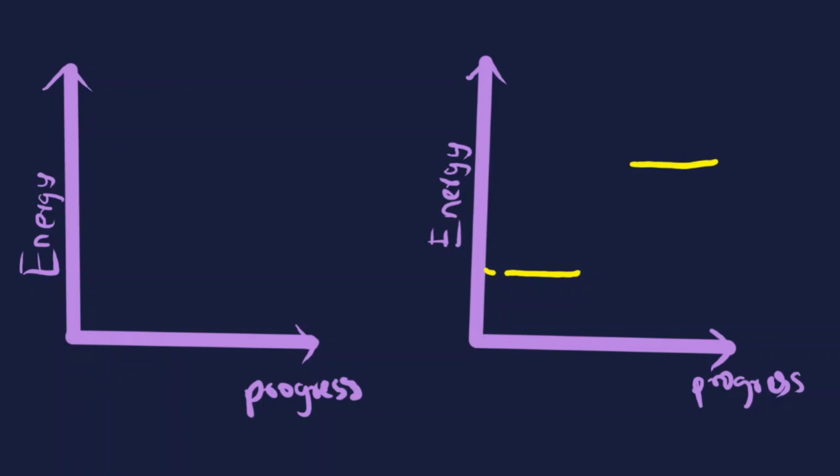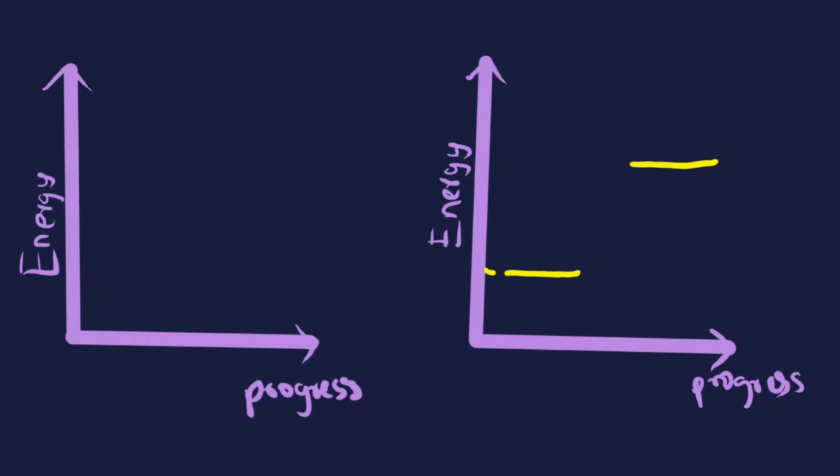And in an endothermic reaction, the products have more energy than the reactants. So, how do the products have more energy? They absorb it from the environment.